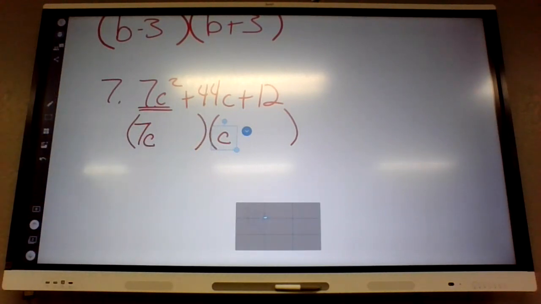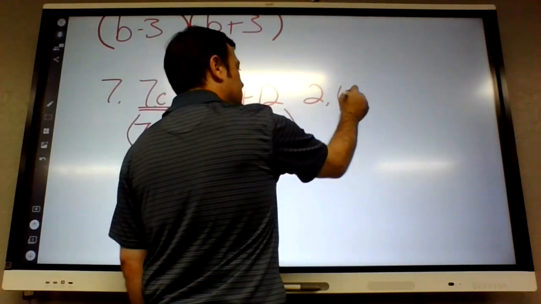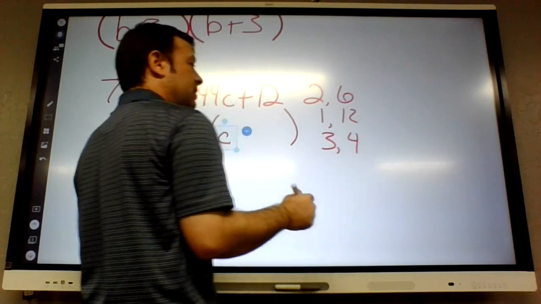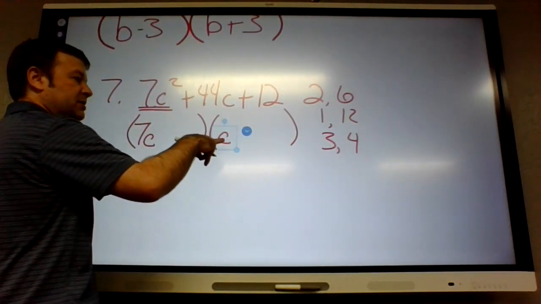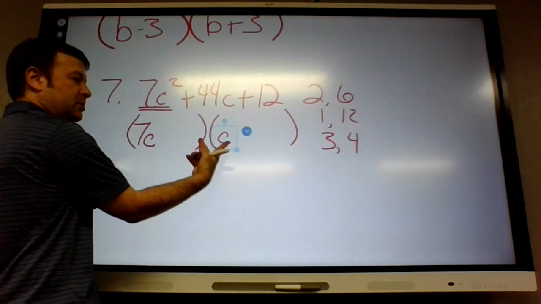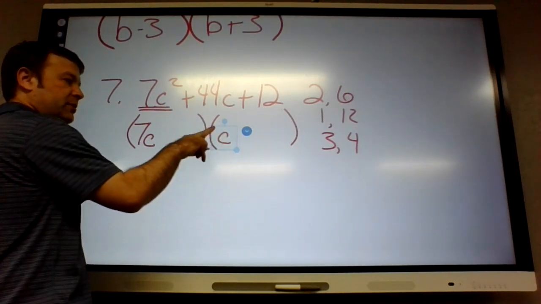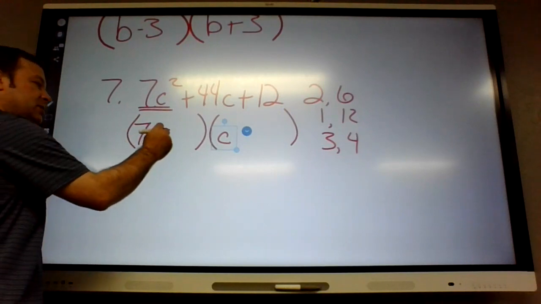So Isa, what does multiply into 12? 2 and 6 and 1 and 12 and 3 and 4. Okay, not only could those be the answers, but if 2 and 6 could be an answer, also 6 and 2 could be an answer. Or 1 and 12, 12 and 1, 3 and 4, or 4 and 3. So there's like 6 possibilities here. Isa thinks she already got it.